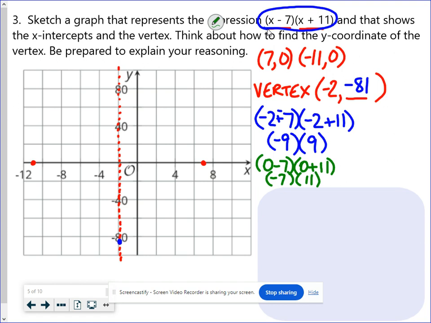That's going to be at -77. So that is going to be at 0, -77. So 0, -77 is going to be like way down here.